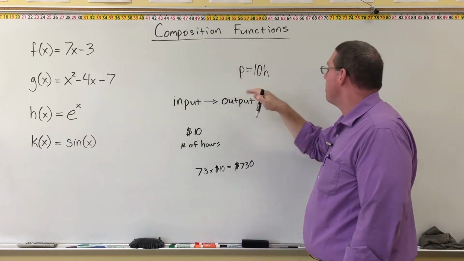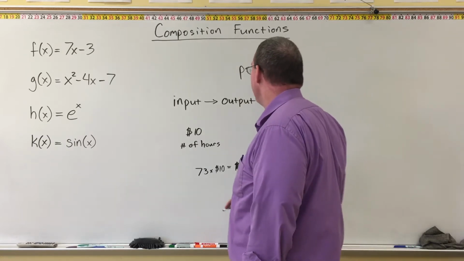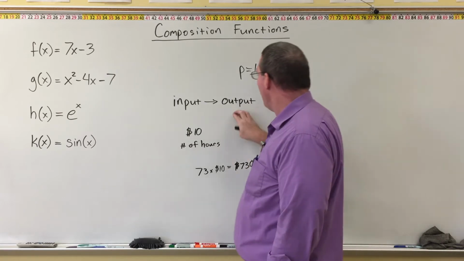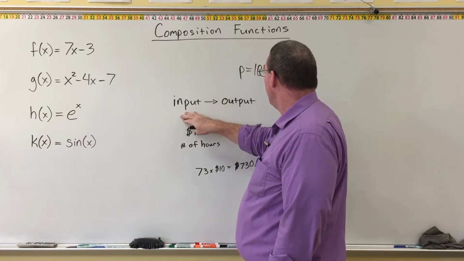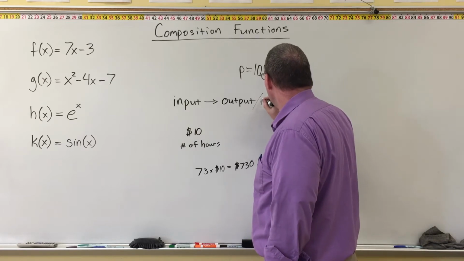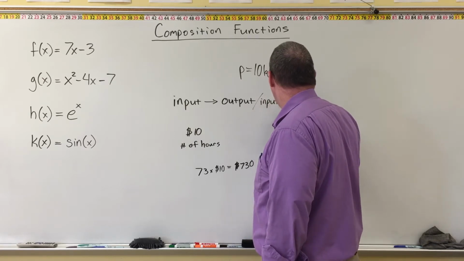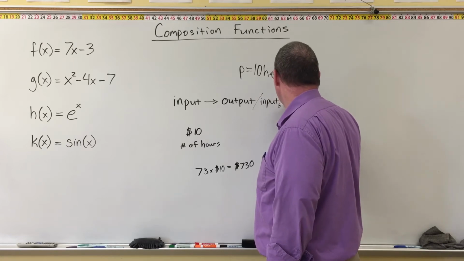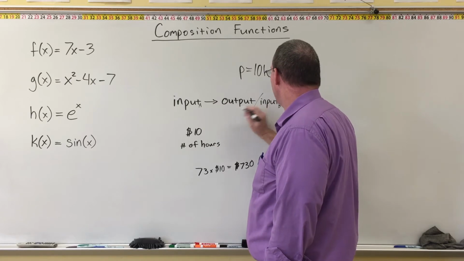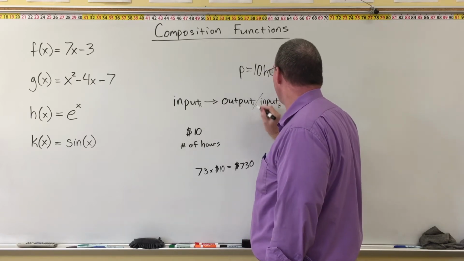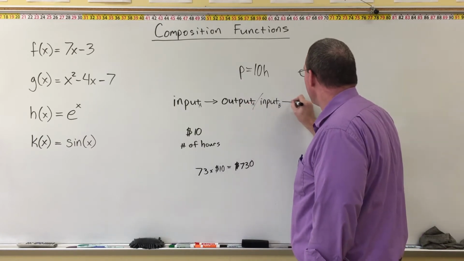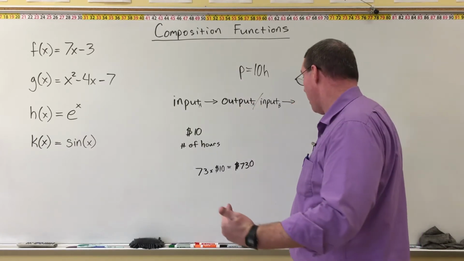The output is P, the input is H. And a composition function is a situation where the output of function A becomes the input of function B. The input of function A produces an output of function A, and then that number becomes the input in another process.